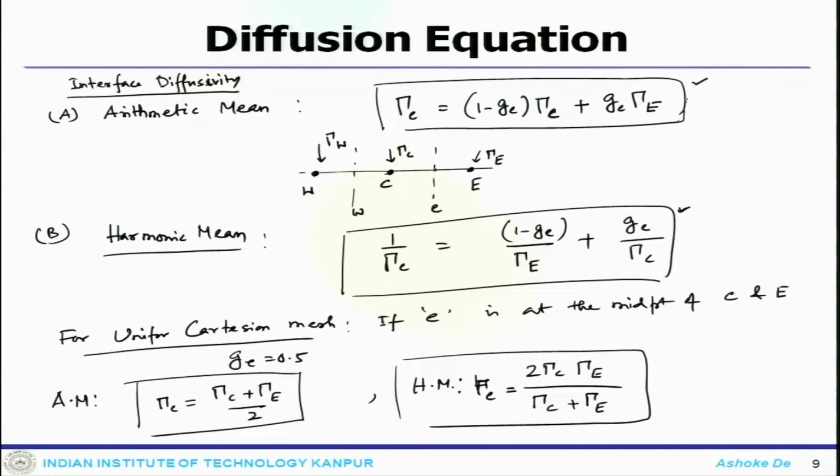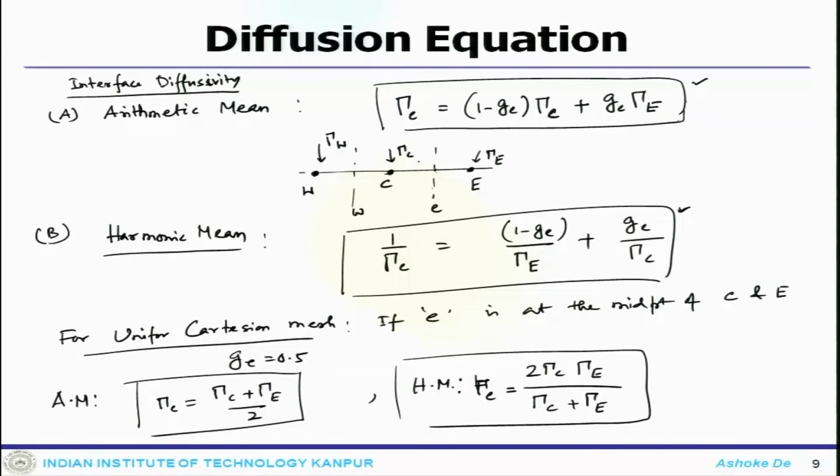No matter you have a non-homogeneous system and your diffusivity is changing in space, on top of that, if across this cell interface, let us say any of this interface E or W, the change of this diffusivity is very abrupt or rather sharp, that means between gamma C and gamma E or gamma W, gamma C, there is a huge gradient which exists.